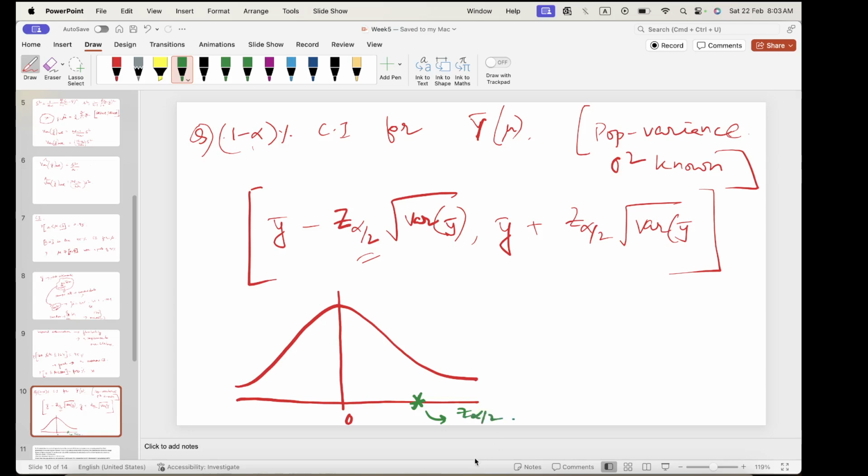If I draw a line at x equal to Z alpha by 2, then the area on the right side is alpha by 2.